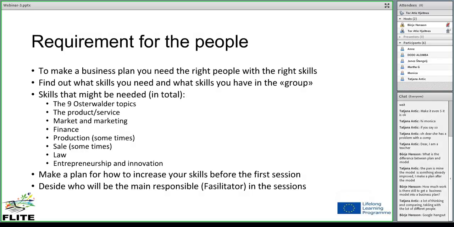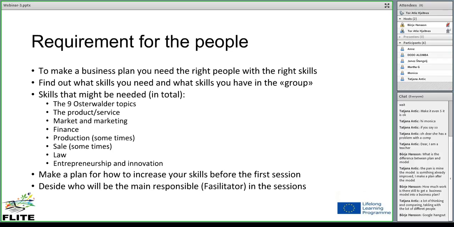You need to know something about the product or service the business idea is based upon. You should know something about the market and marketing. This is important in a business plan. You need to know a little bit about finance. Maybe you need to know something about production, because if the business idea is based upon something that's going to be produced, it's important to know how this can be done and how this will affect costs and so on.